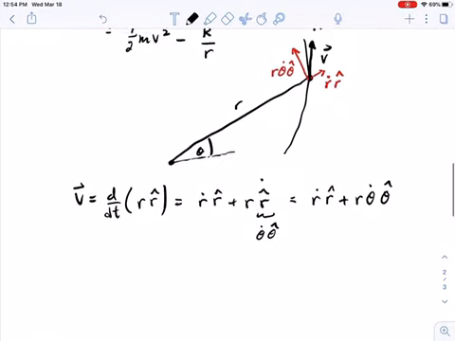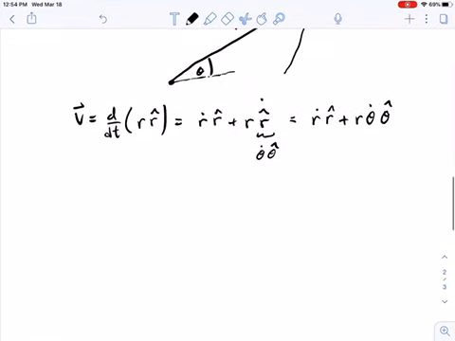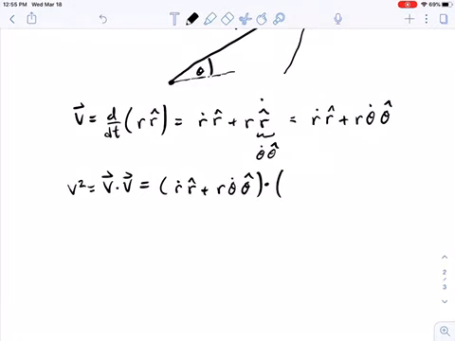When we calculate kinetic energy, 1/2 mv squared, we could calculate v squared as the vector v dotted with itself. And so that's r dot r hat plus r theta dot theta hat, dot product with r dot r hat plus r theta dot theta hat.